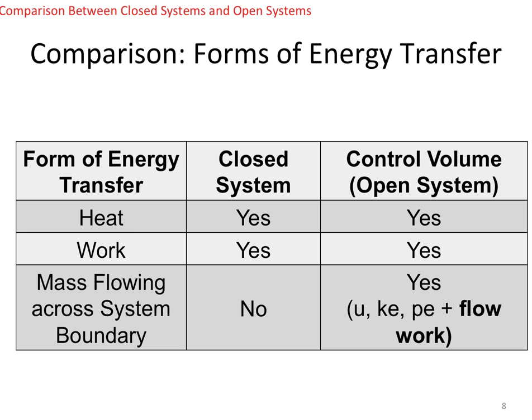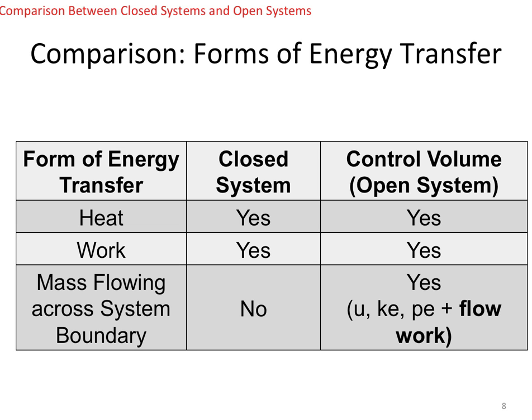Now let's do a comparison using this table. For a closed system and the control volume or open system, heat and work are both there. Both heat and work are possible for both types of systems.